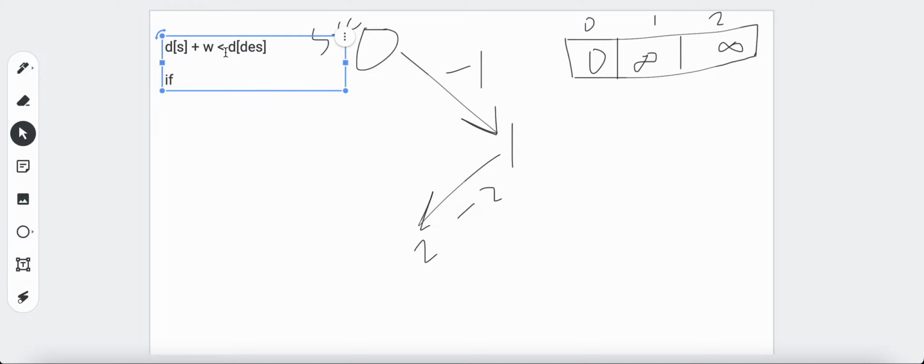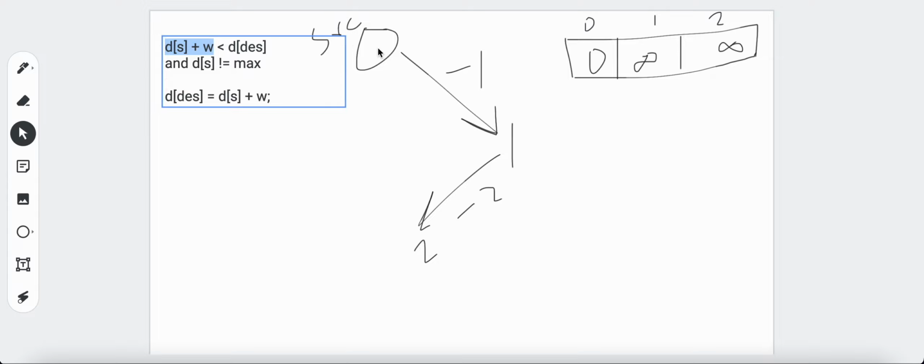If this holds, and one more condition, d of source should not be max value or infinity, then we update the destination with the smaller value. This means for a particular destination distance, we find another distance from this source by making use of this weight. That's a smaller value, so we update that destination.